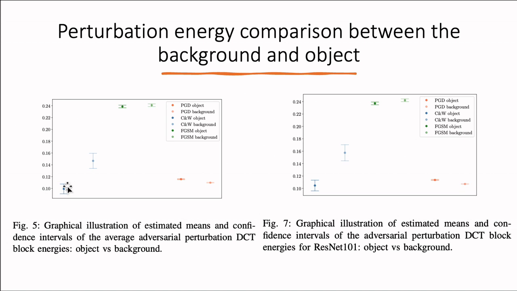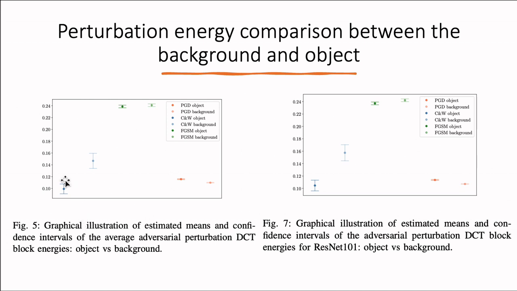As we can see here, from the resulting estimated means and confidence intervals, it's clear that the CW attack for both models has a significant adversarial perturbation energy in the background and then the object.